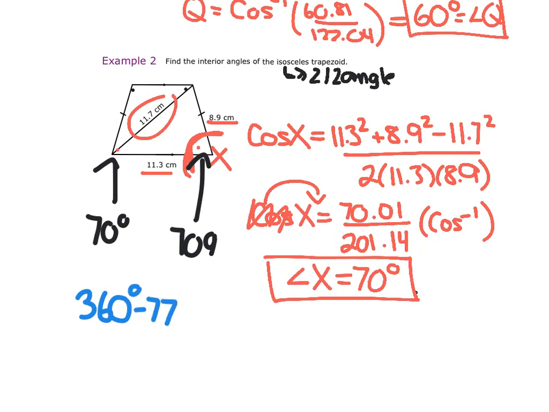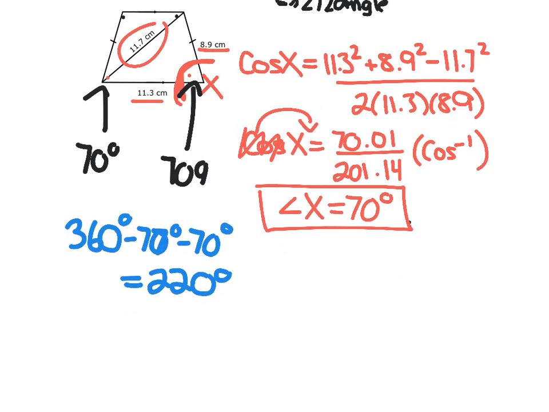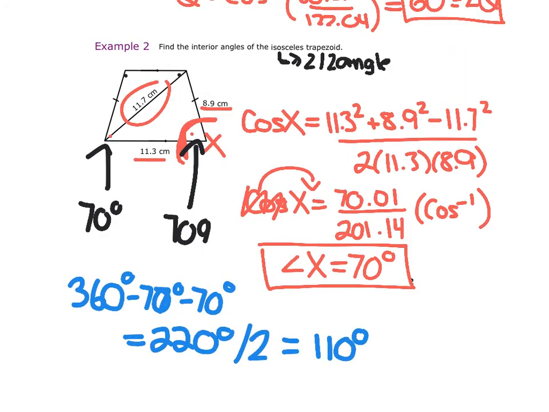Subtract 70 degrees, subtract the other 70 degrees, and you're going to be left with 220. But now those are the angle measurements that are left, and it's equivalent, thus we can divide by the two angles, and we find out that the other two angles both equal 110 degrees. So we now found out that this equals 110 and this equals 110 degrees.